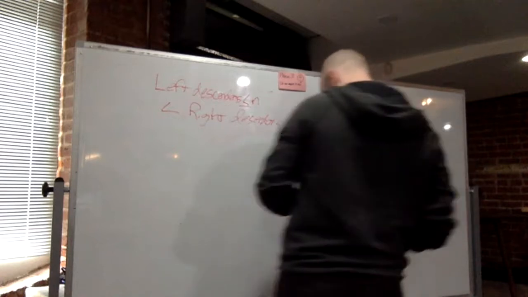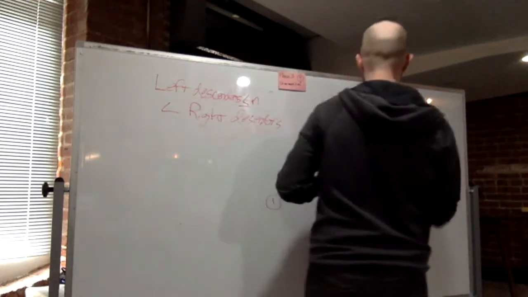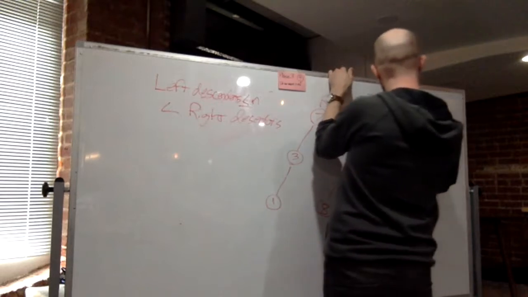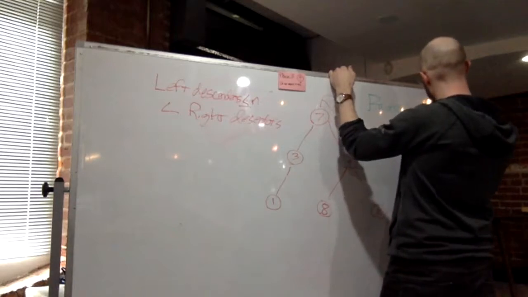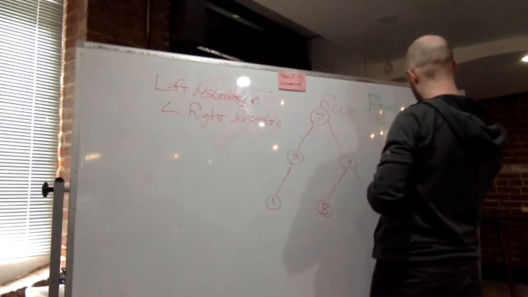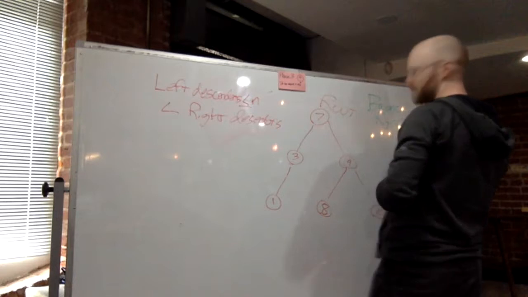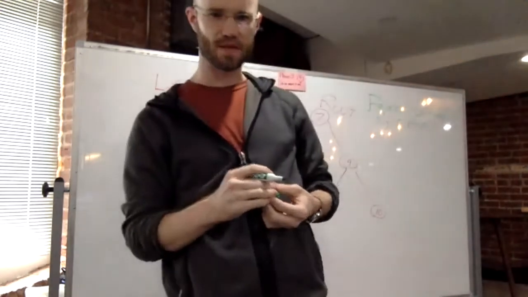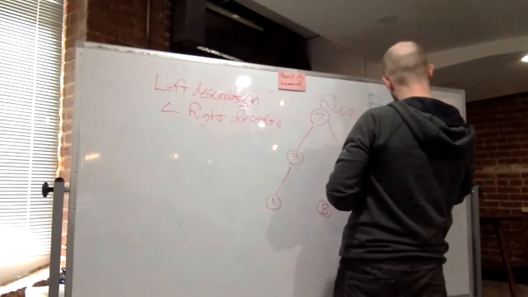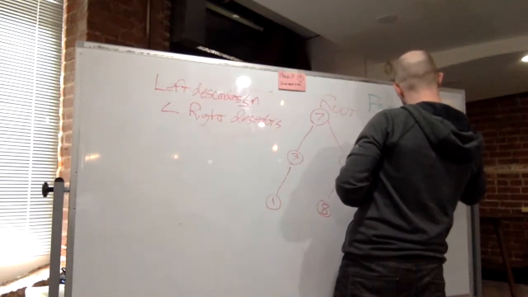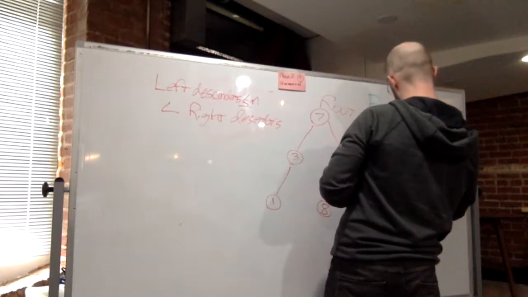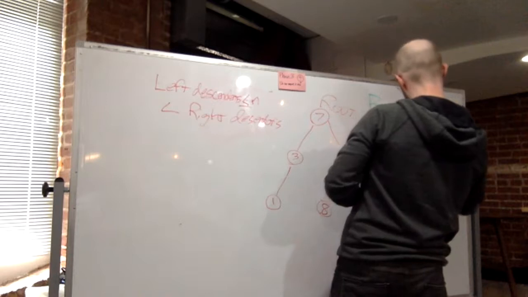Balanced: left and right have the same number of nodes plus or minus 1. Can differ by at most, less than or equal to 1 node.